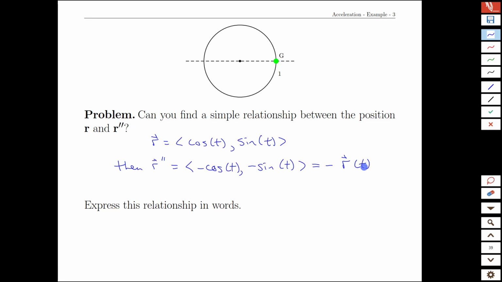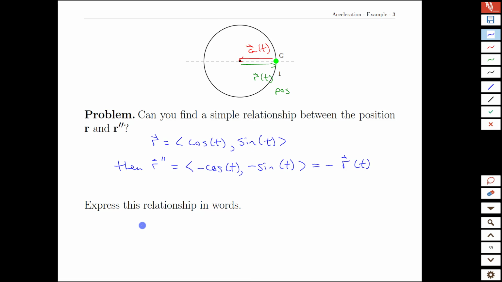Let's slide in some t's here. And so if our position vector measured from the origin is r, then the acceleration vector is just the negative of that position. So if that's our position, then this will be our acceleration.